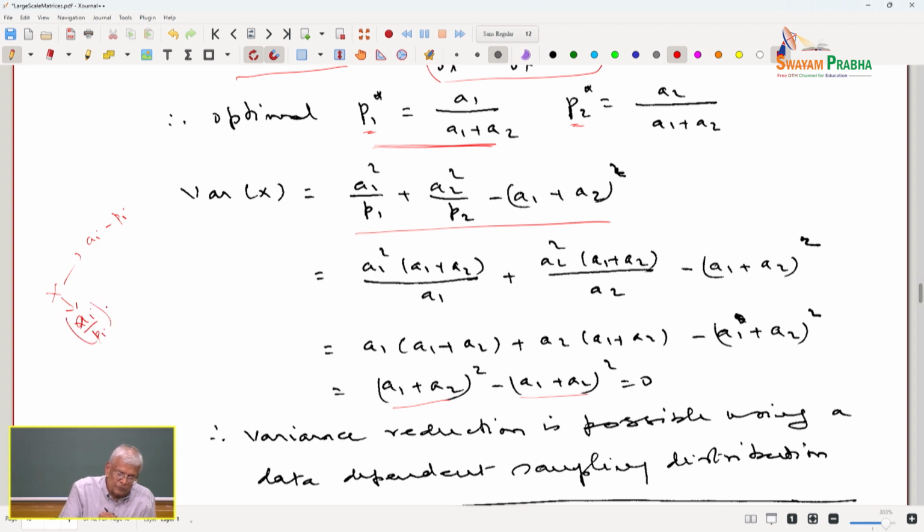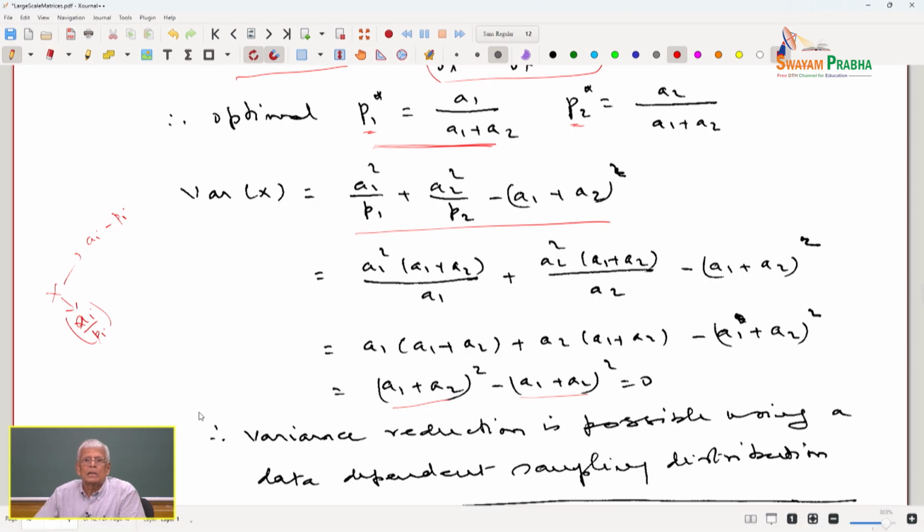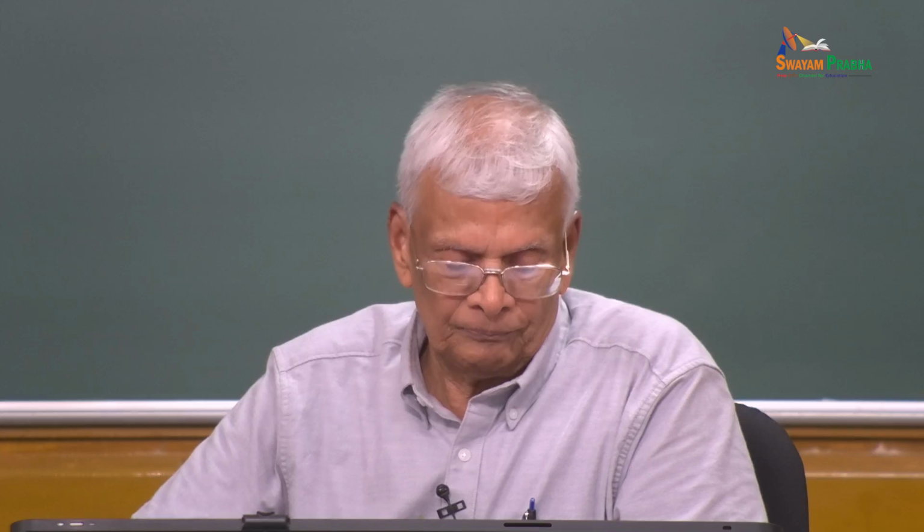I should not say normalize, scaled. I scale it by the probabilities. I have now shown that if I scale it by probability and choose the probability in a particular way, I can compute an estimate whose variance is minimized.